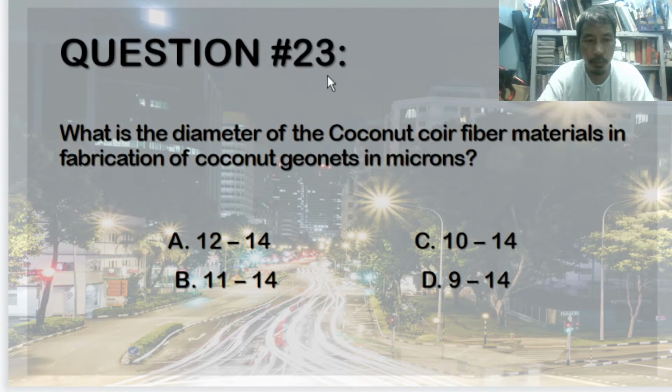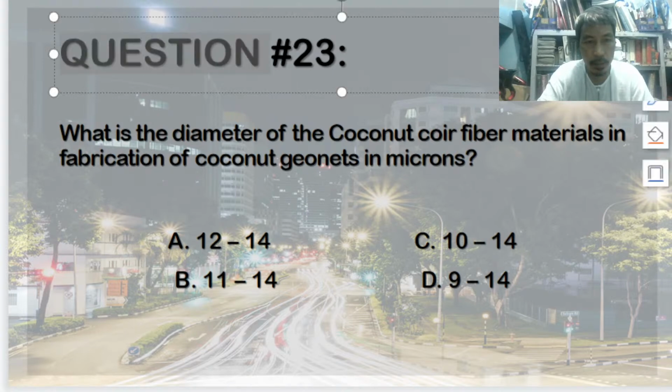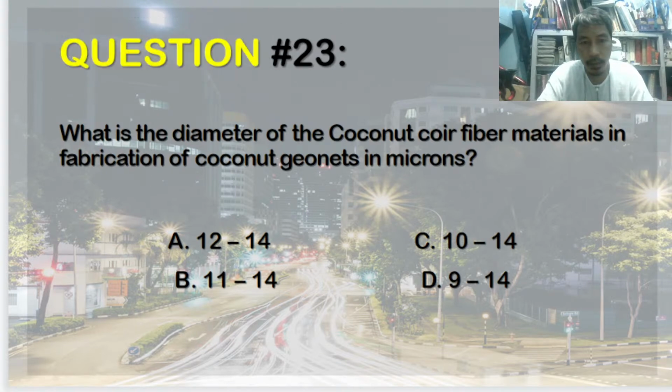So, fifth question for the day. What is the diameter of the coconut coir fiber materials in fabrication of coconut geonets in microns?